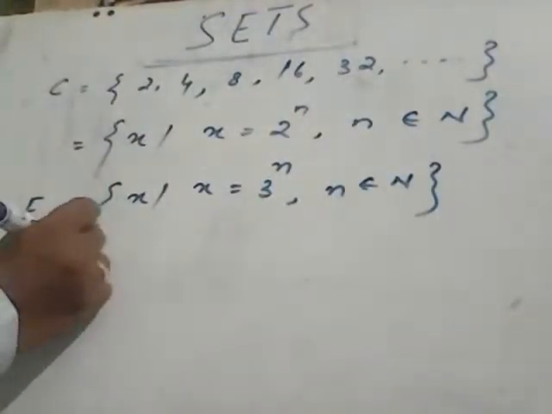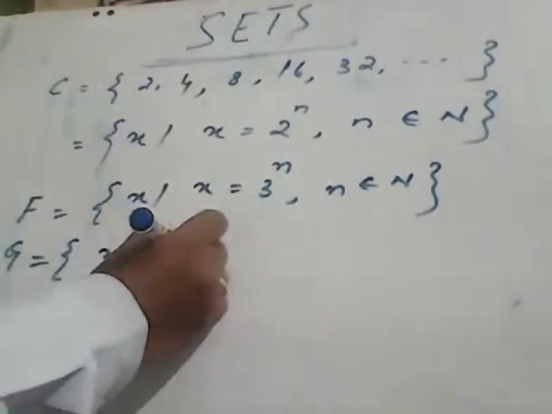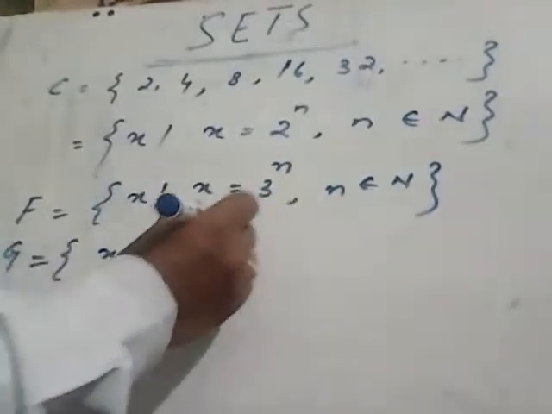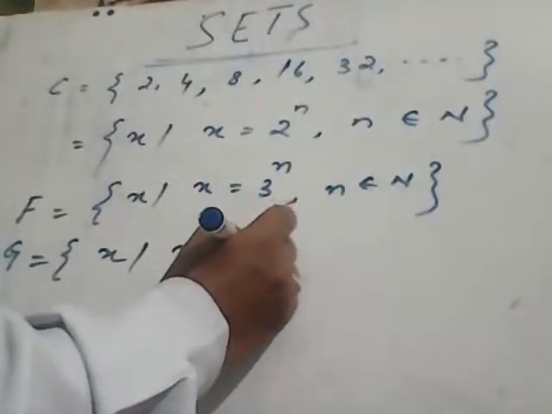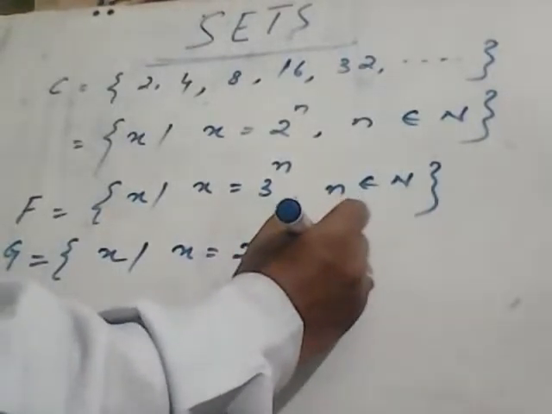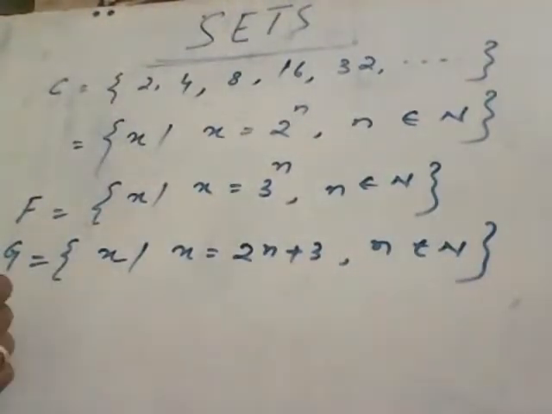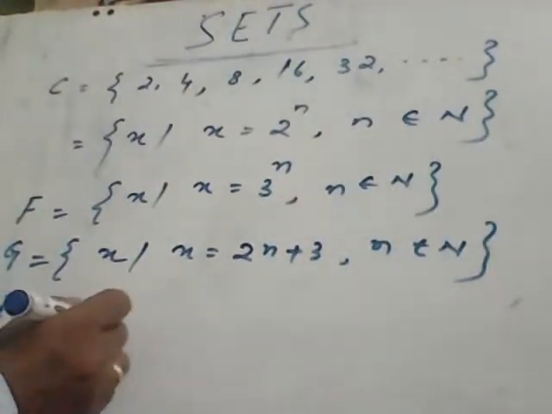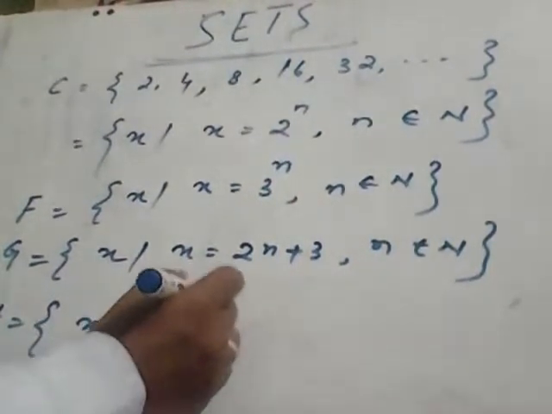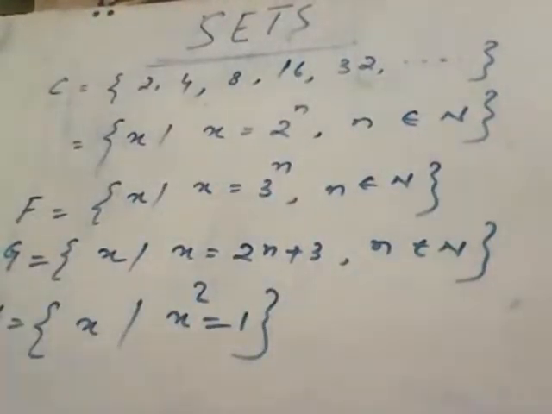G is another set: x such that x equal to 2n plus 3, where n belongs to capital N. H: x such that x square equal to 1.